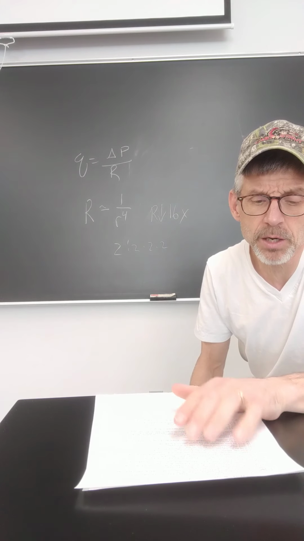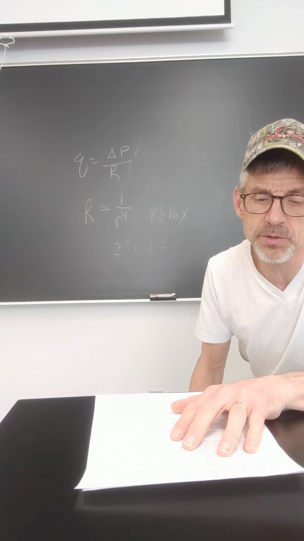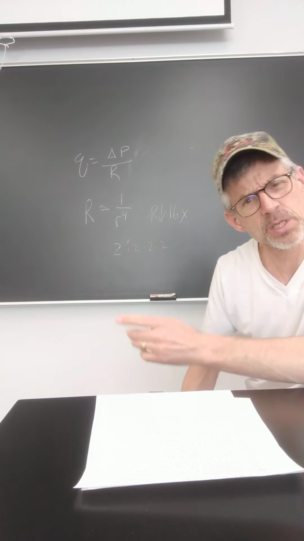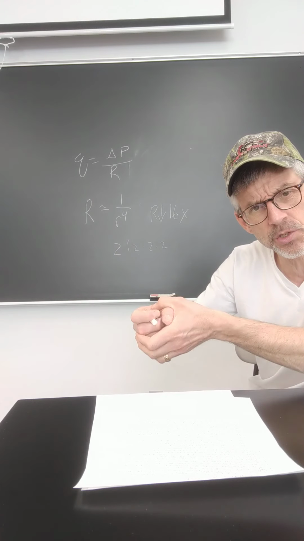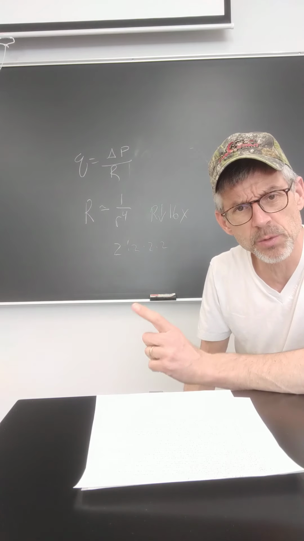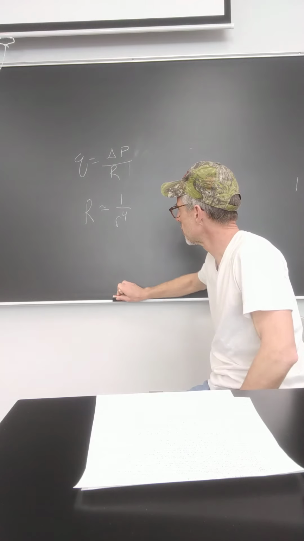The other part of question 6 says, what would be the effect on flow if a vessel's radius is reduced in size by threefold? For instance, if it was 30 microns in diameter and constricted down to 10 microns, reduced by threefold. The same relationship now.